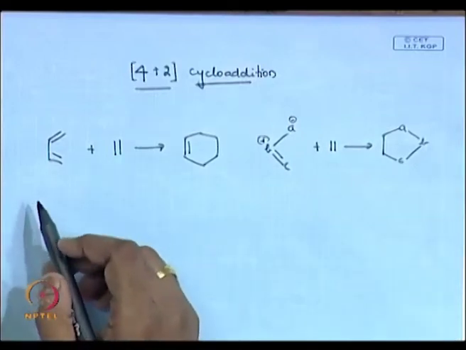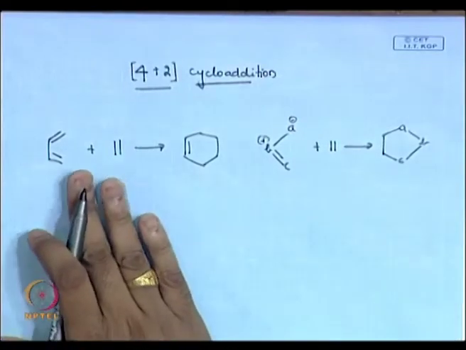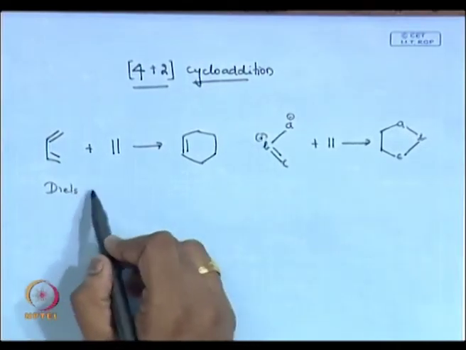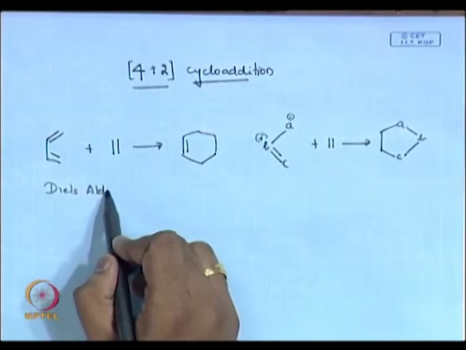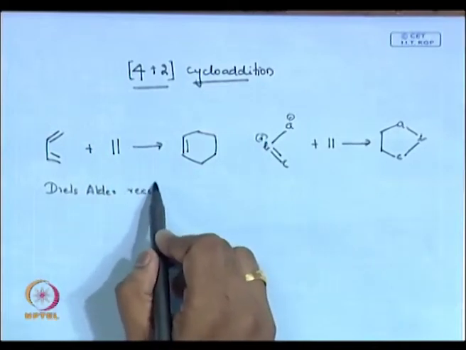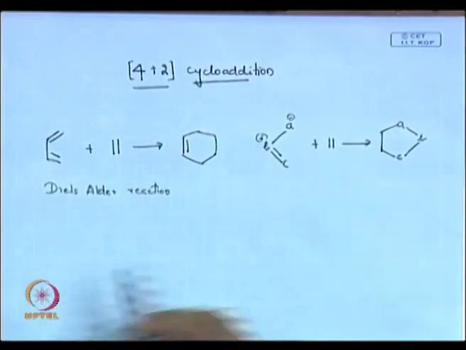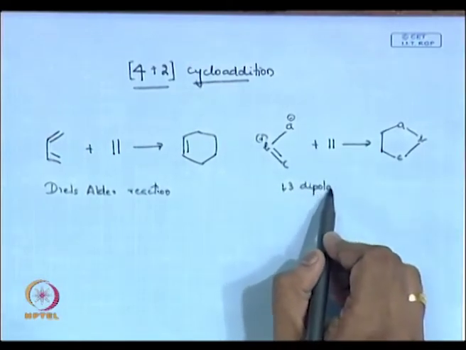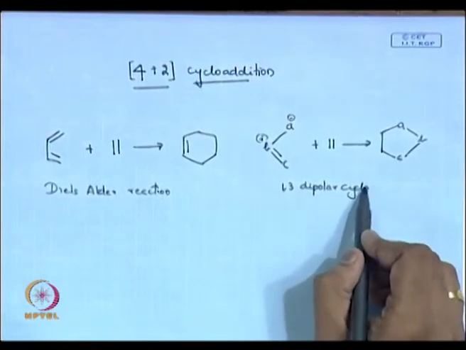Okay, and you can name this reaction as the Diels-Alder reaction, which we know. Another is 1,3-dipolar cycloaddition.